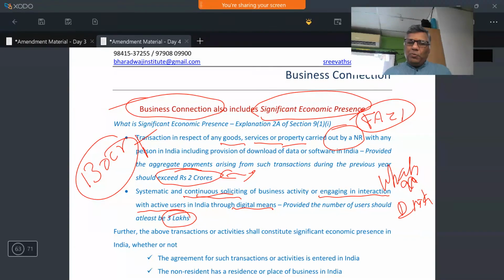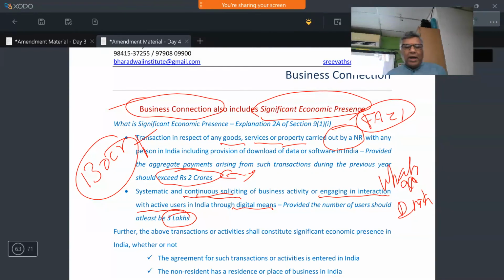Now, we have for transactions, a monetary limit of 2 crores. For interaction, a number of users limit of 3 lakh. More than that, you have significant economic presence. I am not saying the whole income is taxable. Only the Indian income is taxable.